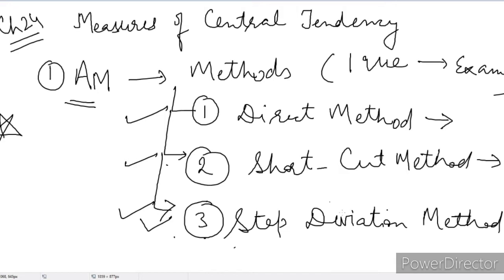And in the step deviation method, the number of columns is five, so the columns increase, but at the same time the calculations are quite easy and shorter. This is the difference between the step deviation, direct and shortcut methods.